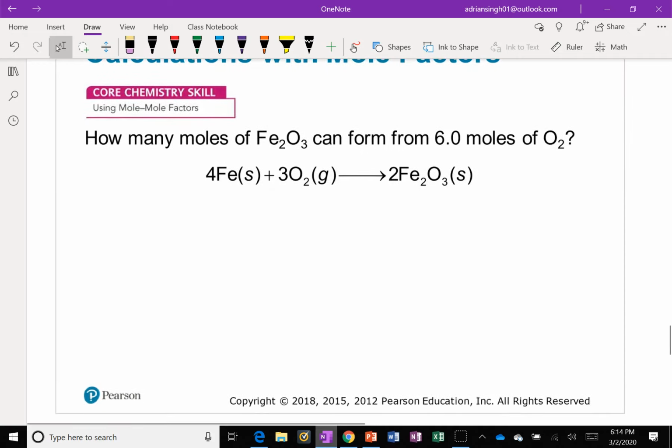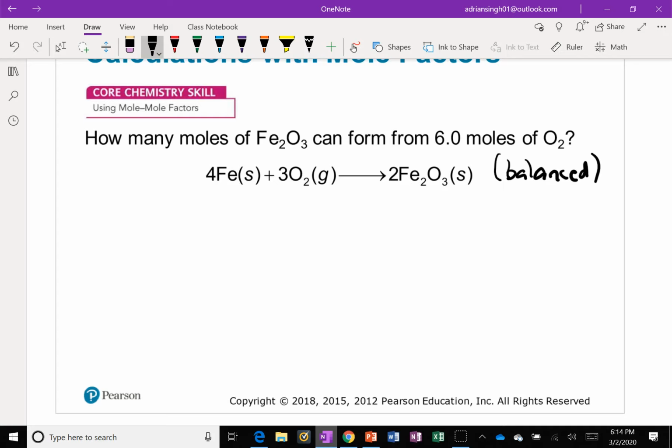Once we figure out what we're going to ask ourselves, we're posed with a chemical equation. What should you make sure of? That it's balanced. Is it balanced? Yes, it is. 4 Fe's on the left, 4 Fe's on the right, 6 O's on the left, 6 O's on the right.